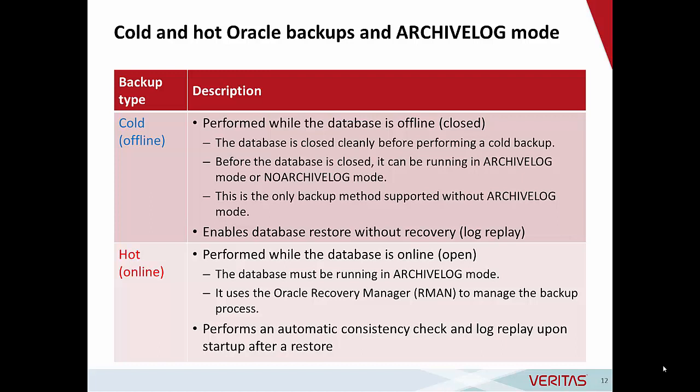Now, by comparison, the hot online backups are performed when the database is online. So I didn't have to take it offline to back it up, which is a big deal right there. It requires that the database be running in archive log mode, and we're periodically backing up these archived redo logs. And that means that we can recover the database right up to the point of failure by recovering and restoring the archived redo logs.